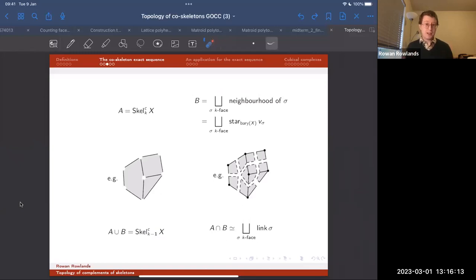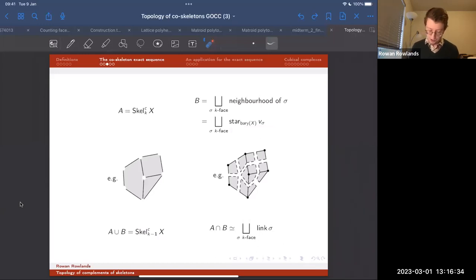The barycentric subdivision has a nice property that for every face of the original complex, you get a vertex of the barycentric subdivision. So for each k-dimensional face of the original complex, we'll take the vertex of the barycentric subdivision corresponding to that face and consider the open star of that vertex.